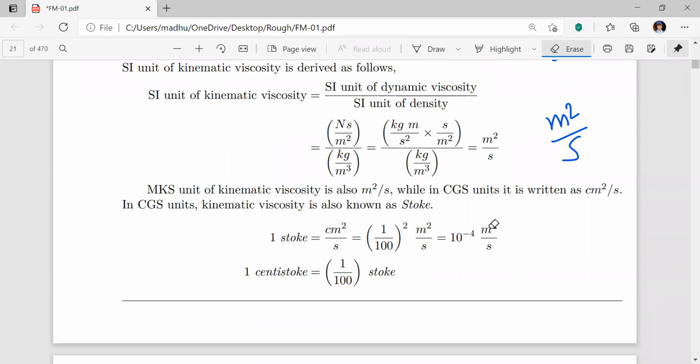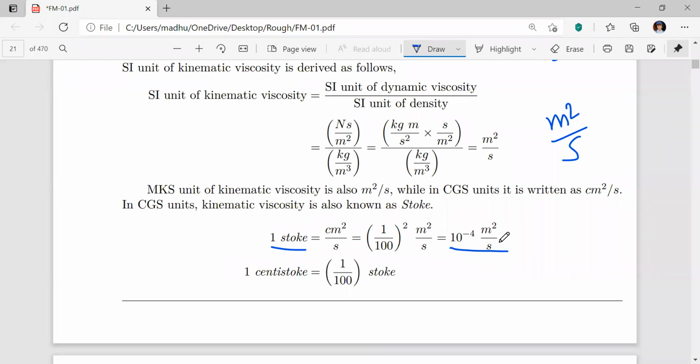Again we have a popular CGS unit, which is the Stoke. 1 Stoke is equal to 10 to the power of minus 4 meter square per second. These conversions you should remember, because in the exams most often they ask you to solve problems by giving the data in terms of either Stokes or Poise.